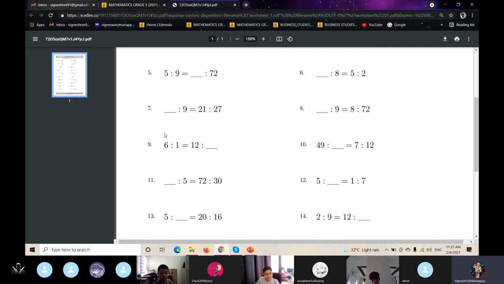Ashriel, faster. Angivan, can you please find the answer for 11 and type the answer for me? Shengan, Shengwei, get ready for 12 and 13, and Jose Luis, number 14. Ashriel, can you please make it faster?